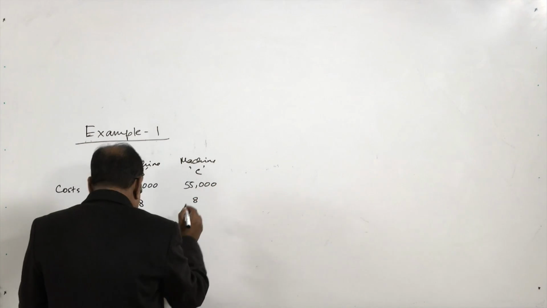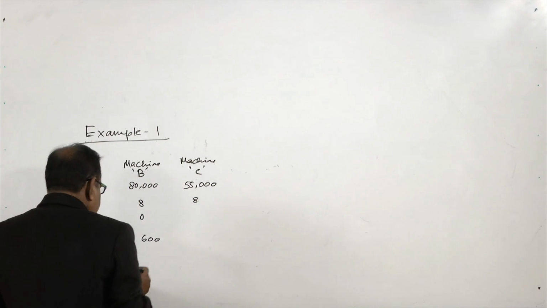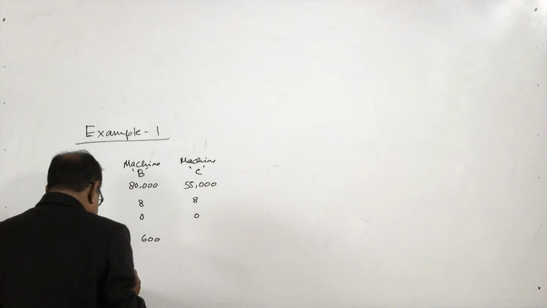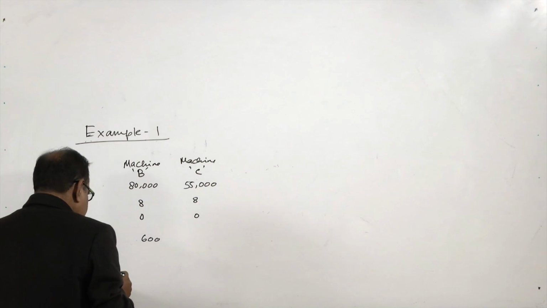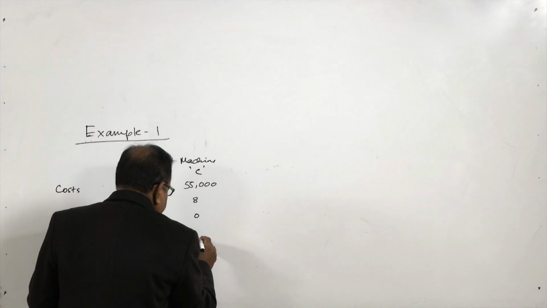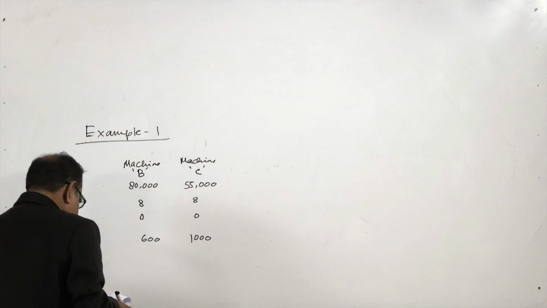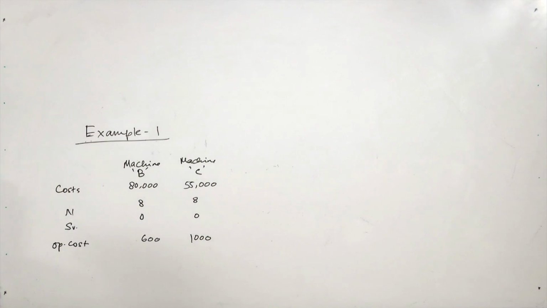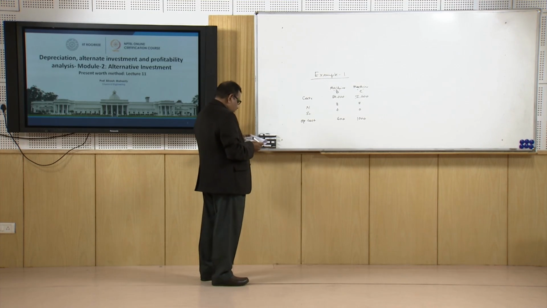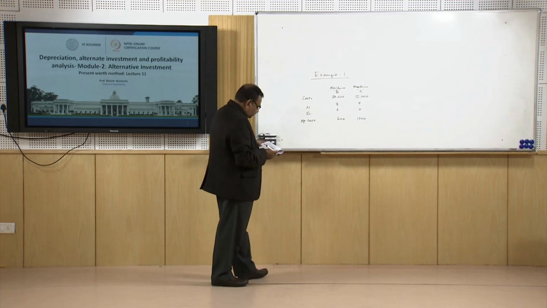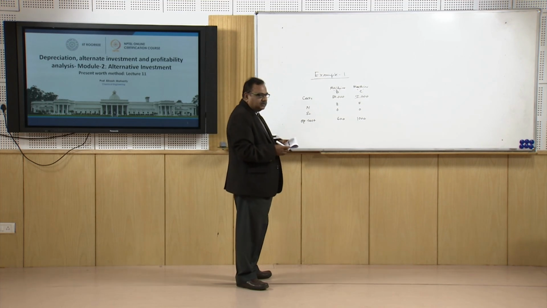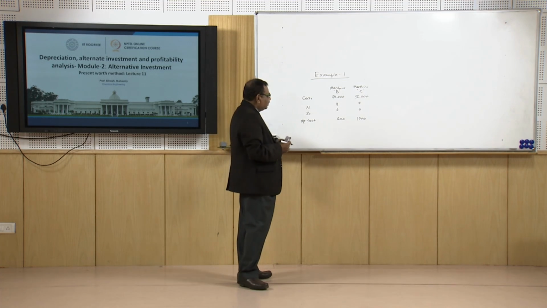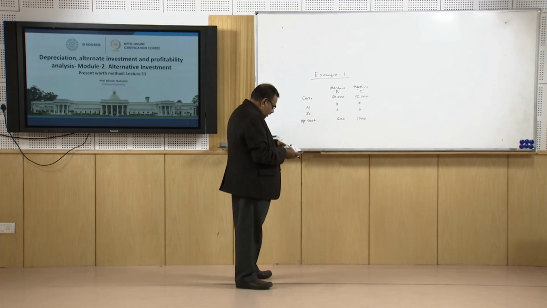Expected life is 8 years, salvage value is 0 and annual operating cost is 1000. If the attractive rate of return is 10%, then which machine is most beneficial to the company? Use the present worth method to justify your results. So, this is our question and let us solve it.